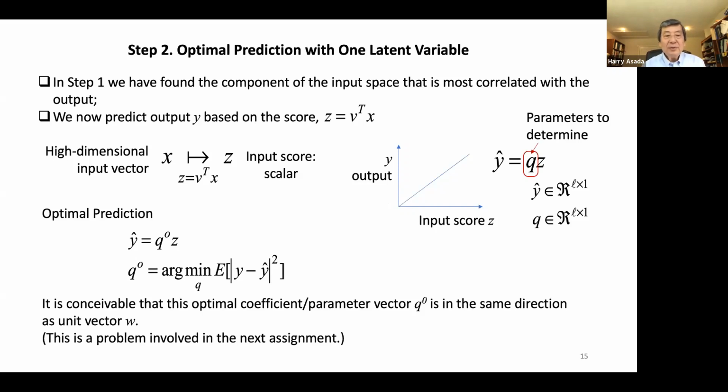So what we would like to do is find such a Q that is most effective to predict the Y, right? So we look at the prediction error. Y is actually observed in the data. And Y hat is the one predicted in this way. And we would like to evaluate the prediction errors and square the prediction error.